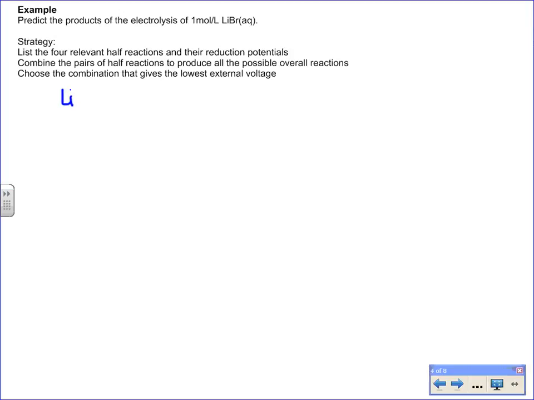So for lithium ions in solution, they could potentially gain electrons to form lithium. And we're going to record the appropriate reduction potentials of this. So this is the potential reduction.